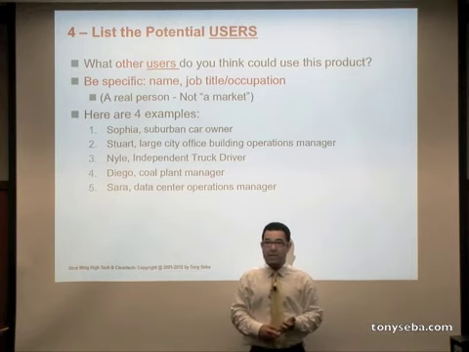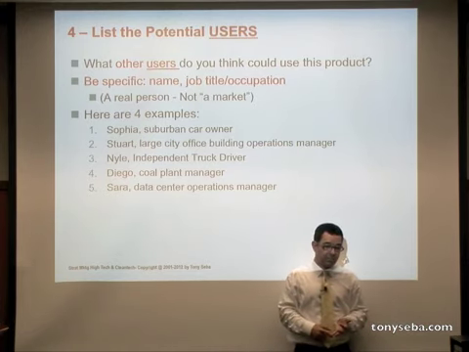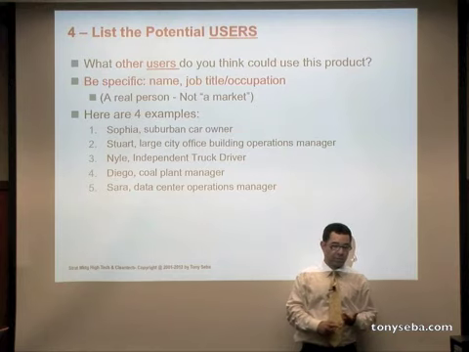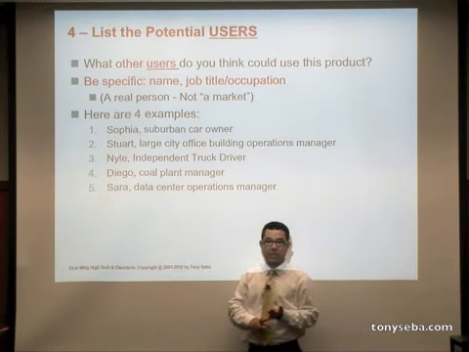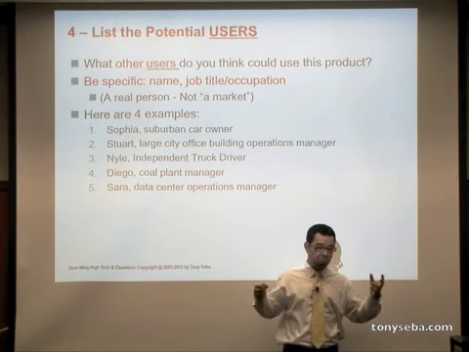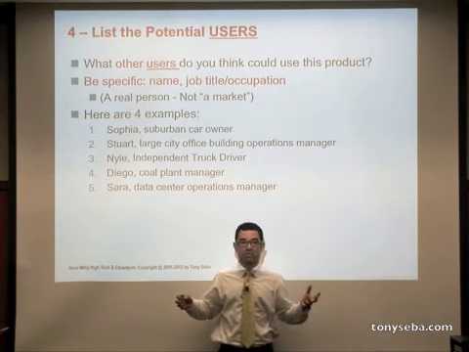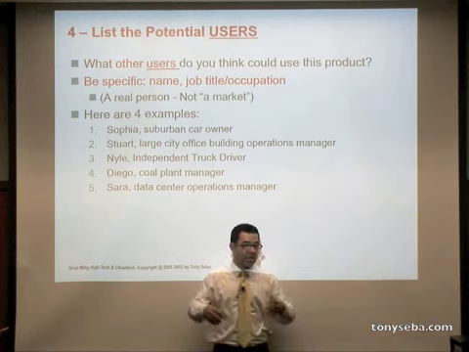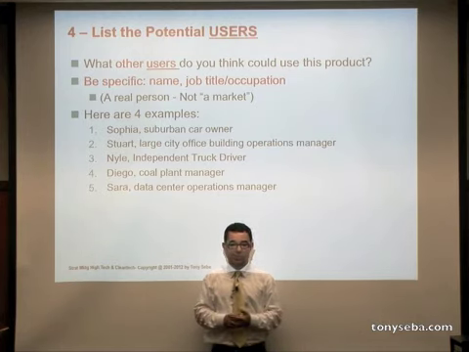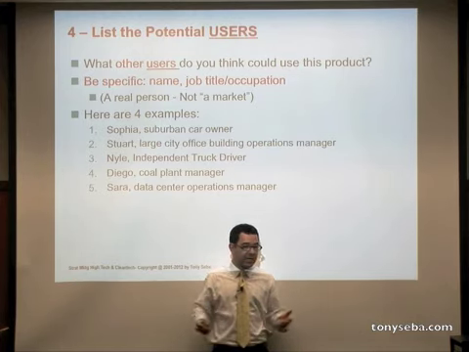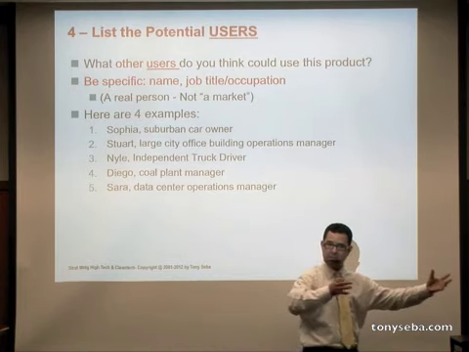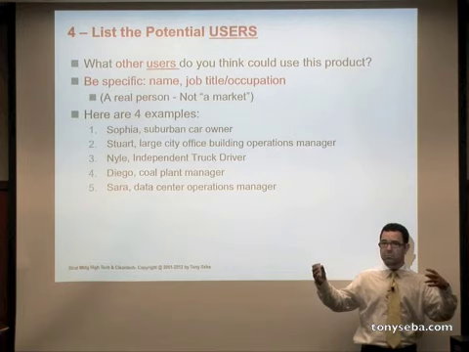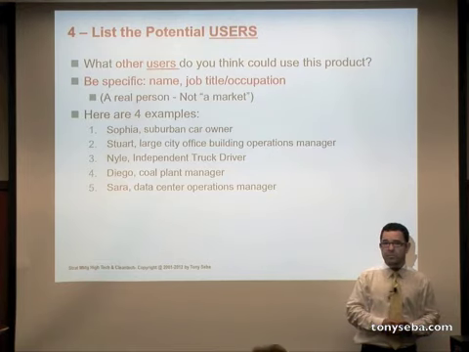Sophia is a suburban car owner. Stuart is the office building operations manager in a large city office building. Diego is a coal plant manager. Sarah's a data center operations manager. So these are very different types of customers or potential customers.